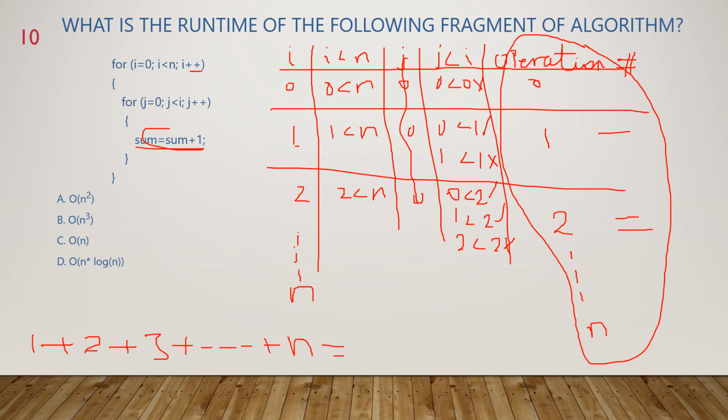That means the summation of the number of executions from 1, or actually from 0, because it executes nothing at first. With the formula, the summation of any numbers from 1 to n will be n times n plus 1 over 2.